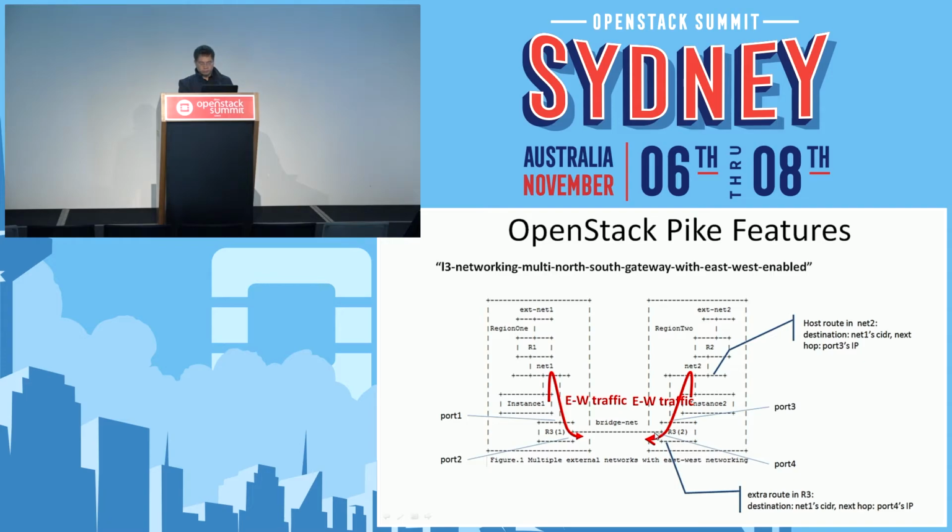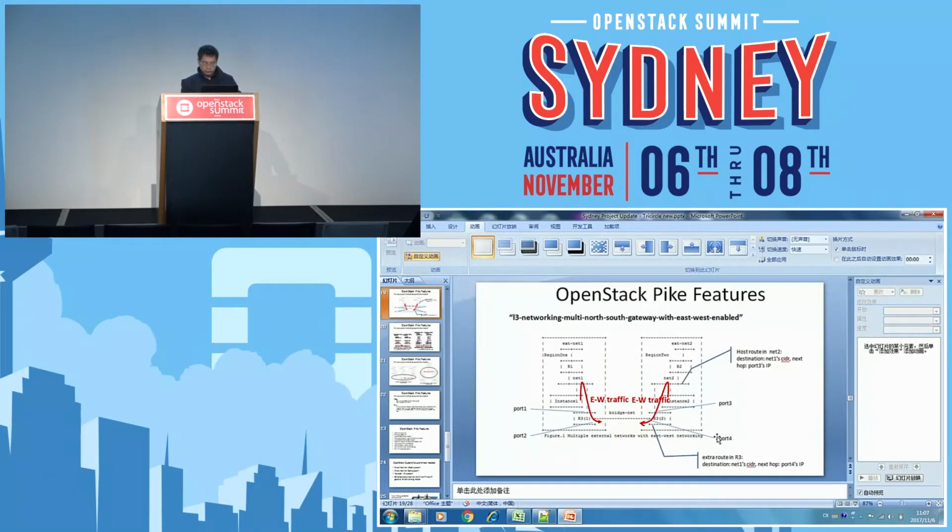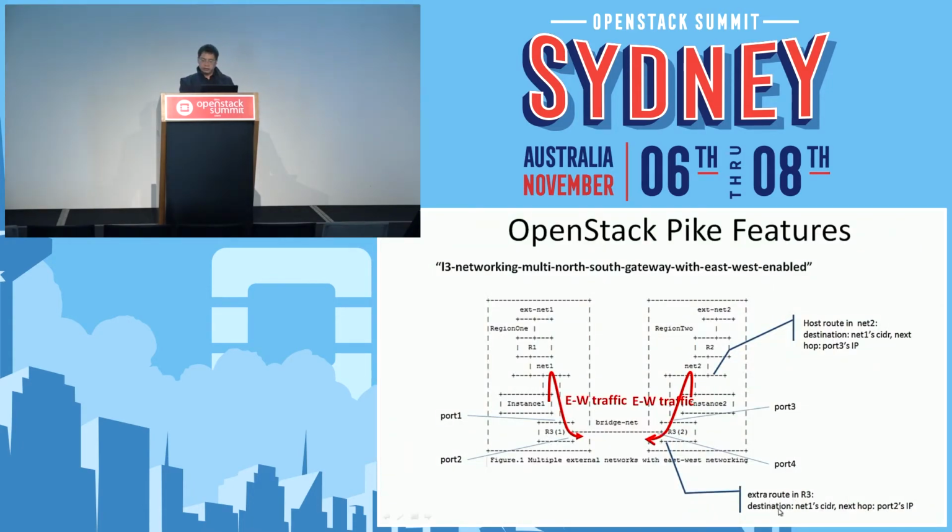For port 4, it should be port 2. Here it's port 2, sorry. The destination is port 2, so the traffic will go from R3 to port 2. So the east-west traffic will go through the bridge network.